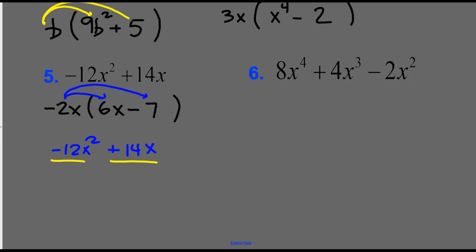All right. Next one has 3 terms. Ooh. Undistribute with 3 terms. Can I factor something out of all 3 of those terms? I can factor out a 2 and an x and another x, so x squared, right? So what's left here on this first one, I'm going to have 3 terms left, right?